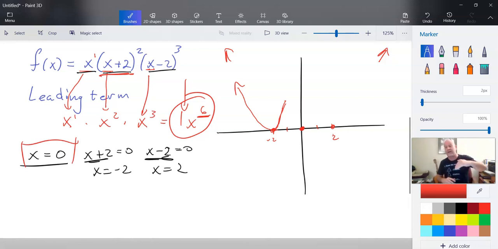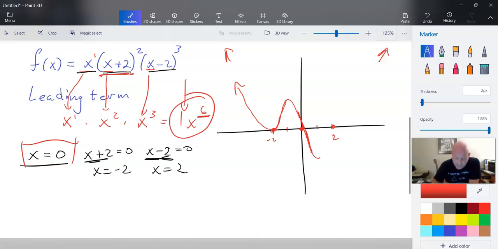So when it crosses the x-axis, it's going to behave like a line. So it's going to do this. It's just going to blast straight through it. No problem. Ooh, well, let's pretend it hit it. Okay. Now, it's got to turn around here, and then it's going to go through 2.